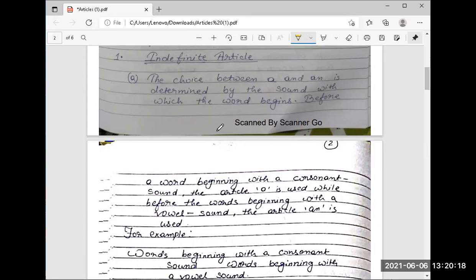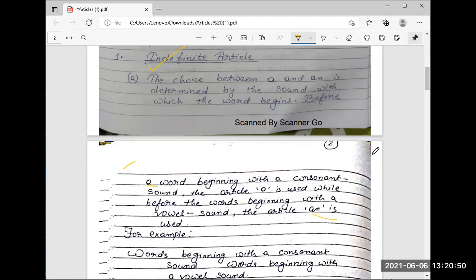If I ask which is the definite article and which is the indefinite article, what will you answer? Definite article is the, and indefinite is a and an.